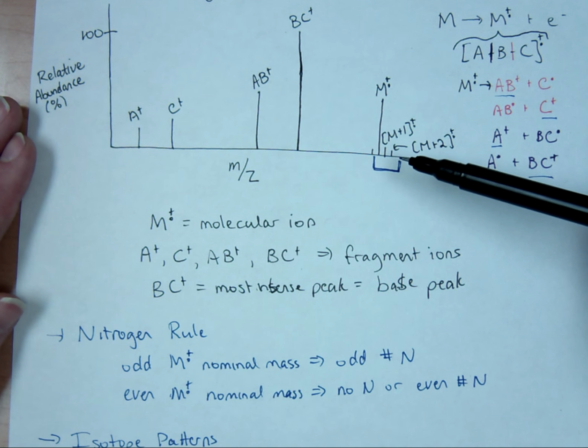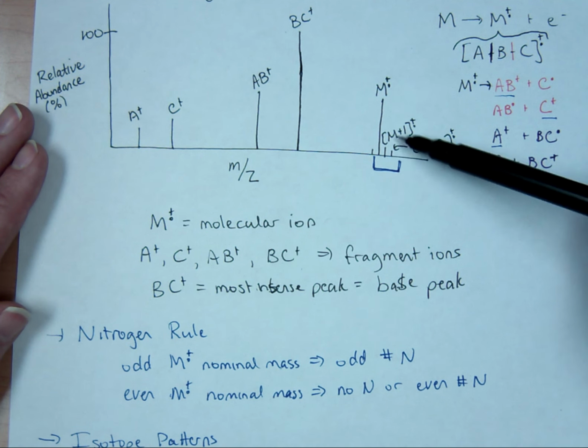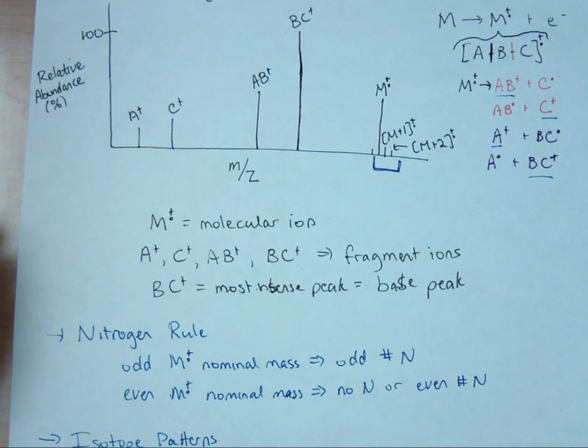The bigger the molecule, the bigger your isotope peaks are going to be, such that when you get up into the thousands, the probability that you're going to have multiple carbons being carbon 13 becomes quite high, and the likelihood of having all of your carbons be carbon 12 becomes quite low.